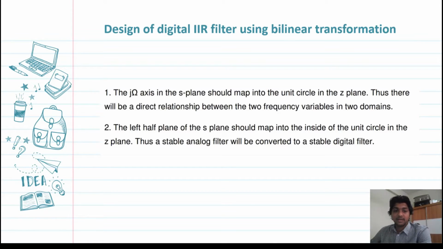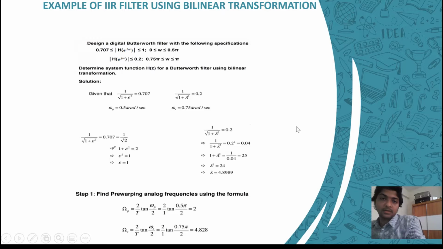Second, the left half of the s plane should map into the inside of the unit circle in the z plane. Then we are able to convert an analog filter to a stable digital filter.